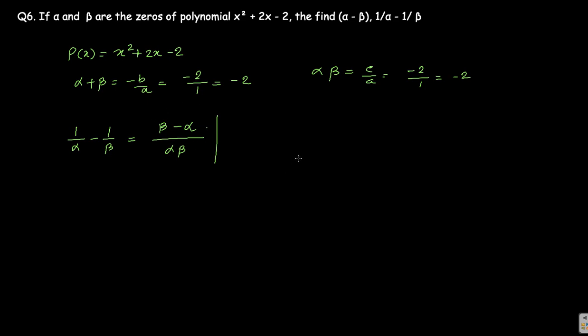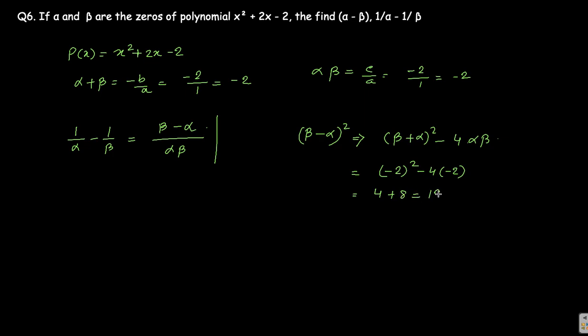Now beta minus alpha square, we can write it in the form of a minus b square, as beta plus alpha square minus 4 into alpha beta. Alpha plus beta is minus 2, so minus 2 square minus 4 into minus 2, that is 4 plus 8, which is 12.